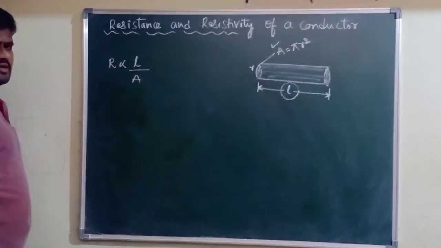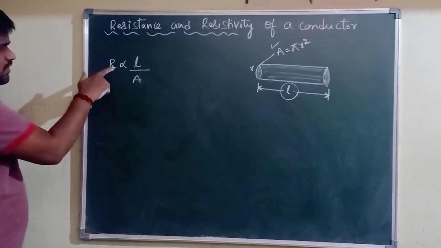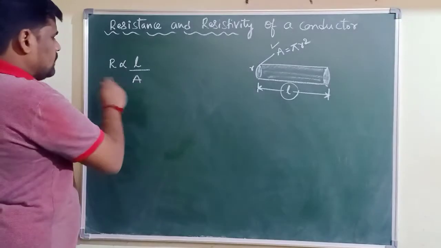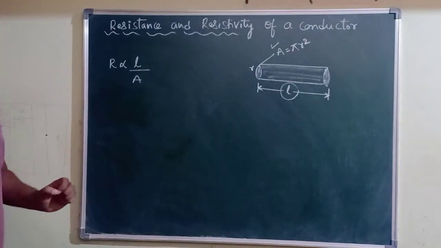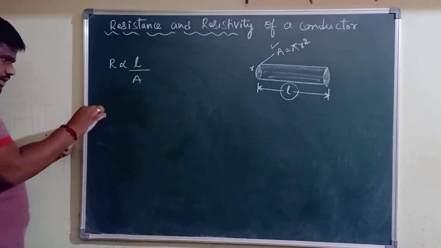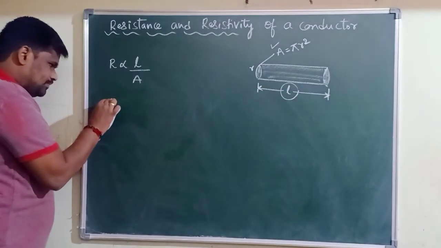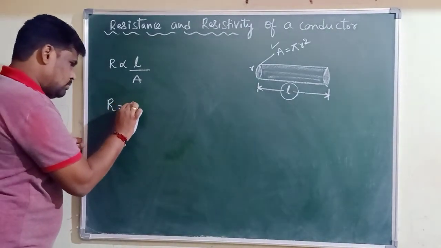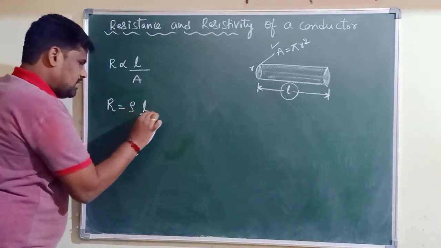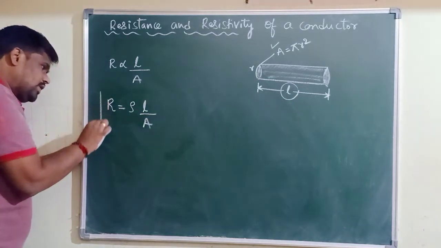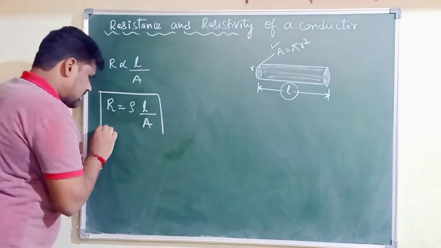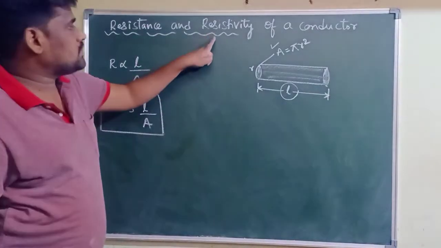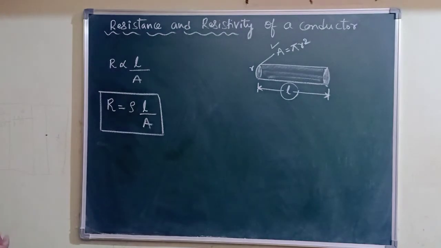So whatever the factor may be, resistance of a given conductor is directly proportional to length of a conductor and inversely proportional to what? Area of cross section of a conductor. Further, the resistance is equal to some constant rho into L by A, where rho is a proportionality constant, and that proportionality constant we'll call it as what?